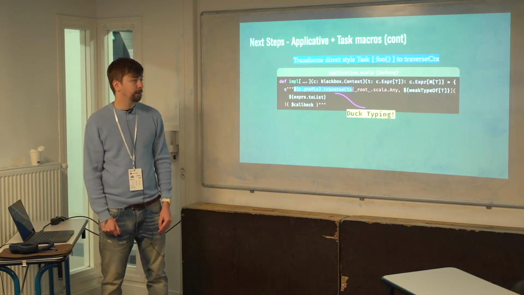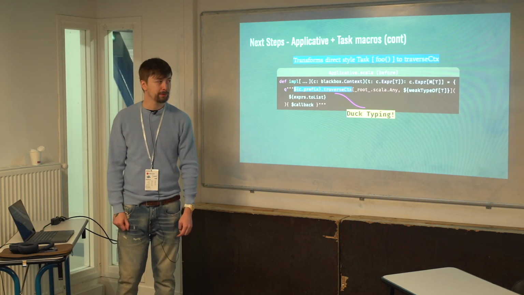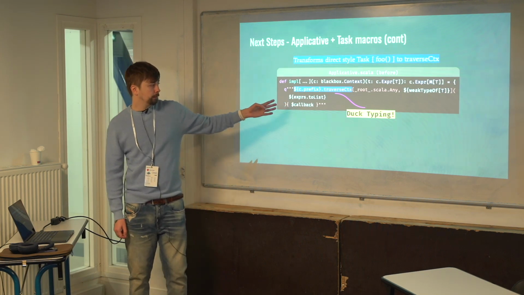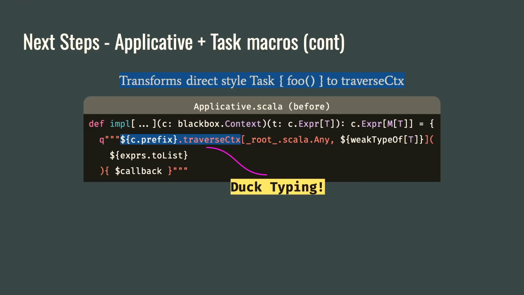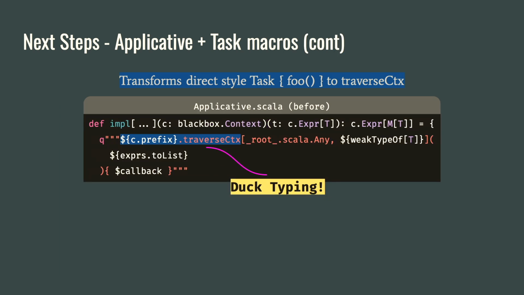But again, we're hit by the duck typing of Scala 2 macros. So in the old thing, we just call this traverse context here. And we just say, splice in the this of wherever we are right now. And we're in a completely different file to the call site.